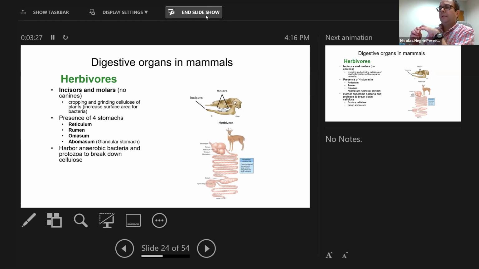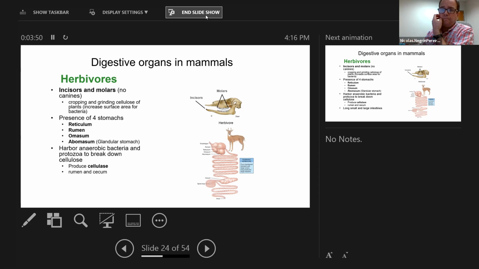Ruminants have inside their 4 stomachs a moist, warm environment with very low oxygen, almost anaerobic conditions, which are the conditions that the bacteria and the protozoa need to fulfill their fermentation process.